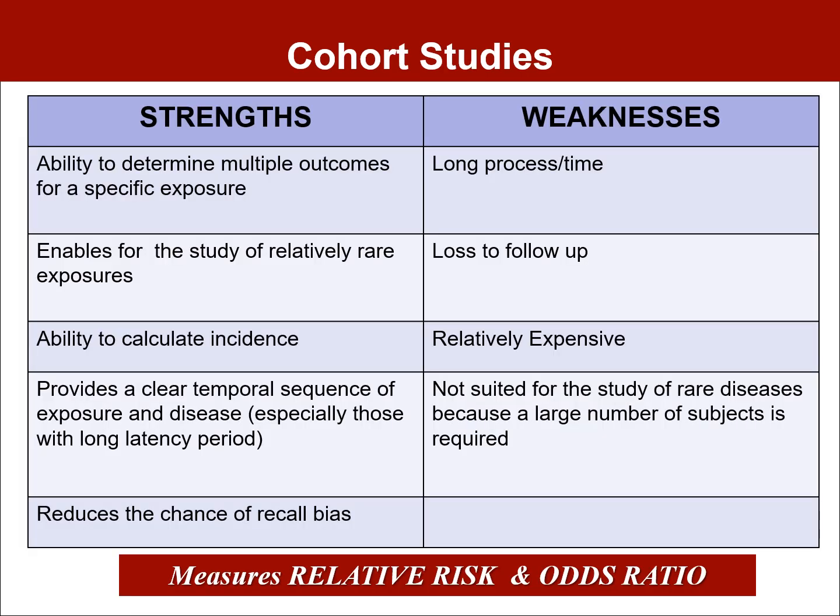Okay, so having talked about the various cohort study design types that we have, and some critical factors to take into consideration, I want to now talk about the strengths and weaknesses.